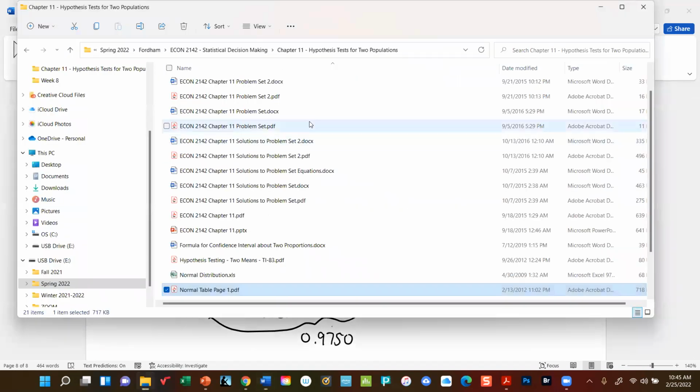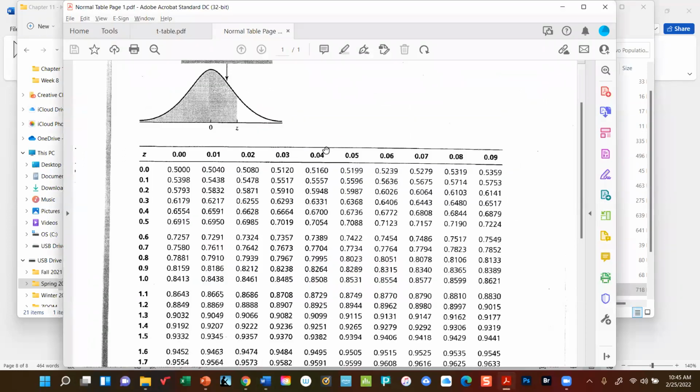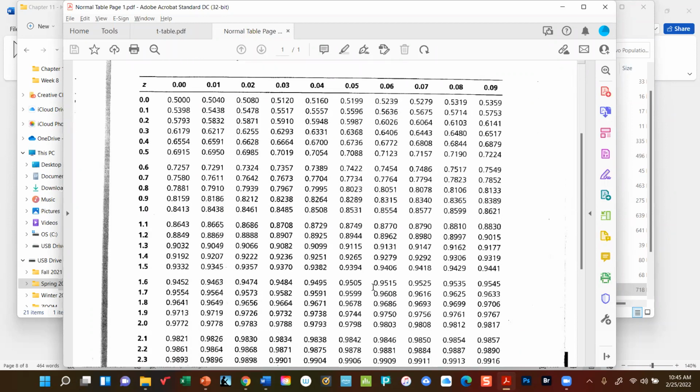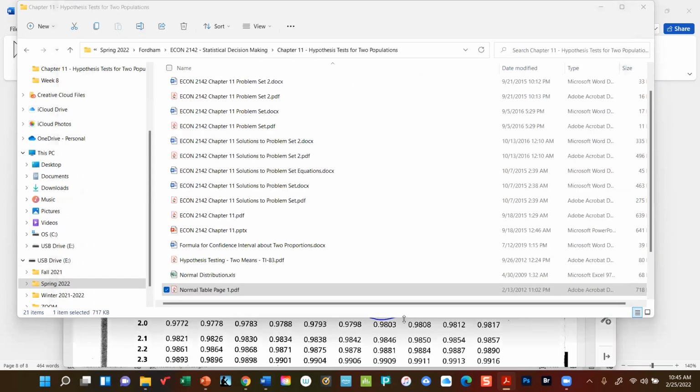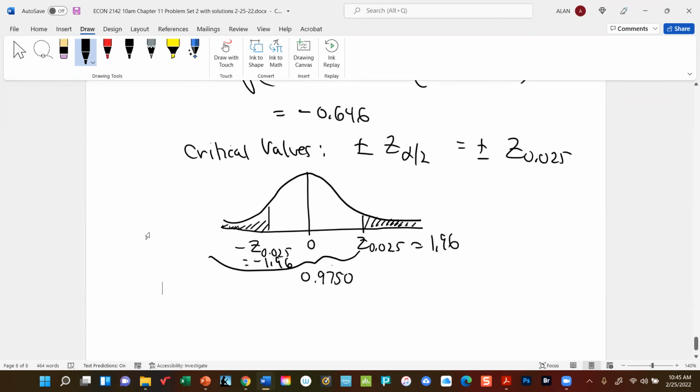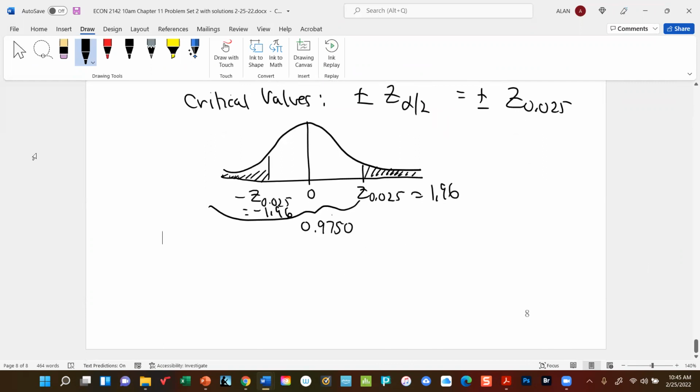Now we can find in the body of the table, it's here. We don't have to round this one. There we go. 1.9 and 0.06. So this is 1.96. And that implies that the other one must be negative 1.96. Okay. But you can see the test statistic isn't even close to either one of those.